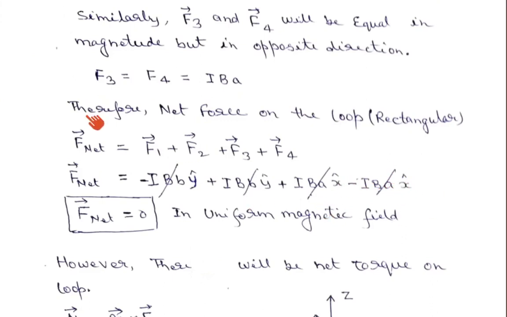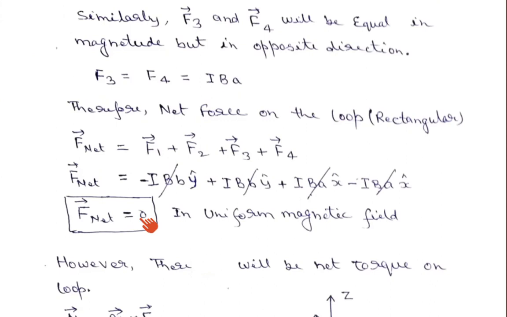So this will be cancelled out. The net force on any dipole in a uniform magnetic field will be equal to 0. That means if any dipole is present in a uniform magnetic field, the net force on the magnetic dipole will be equal to 0.